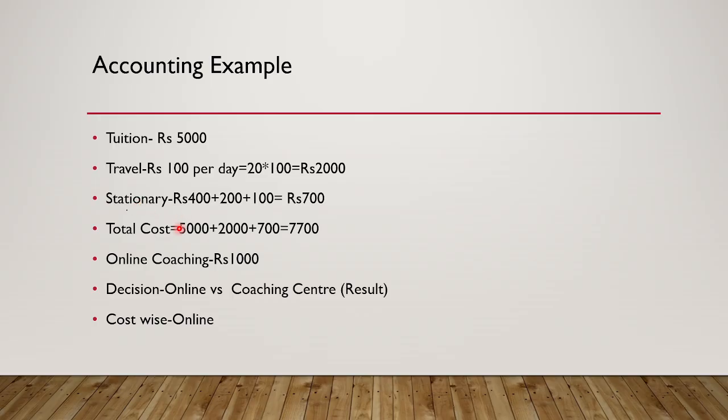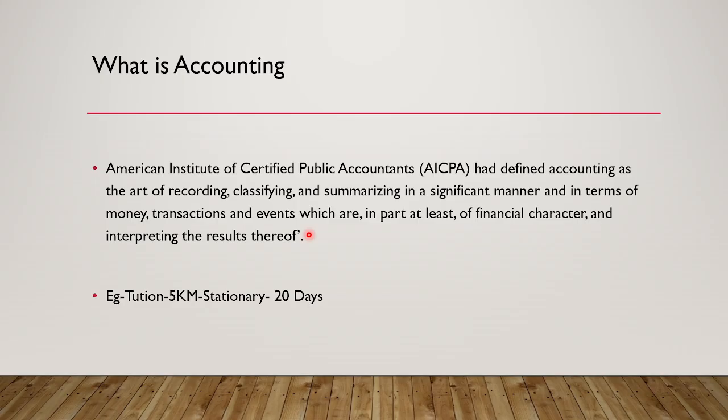You are not telling, like, stationery 400 I have spent, 200 I spent, in detail, but you have summarized the total of all that, 700 rupees. Now this becomes 7,700, summarizing in a significant manner and in terms of money.